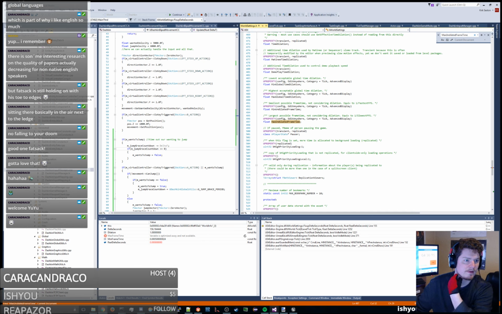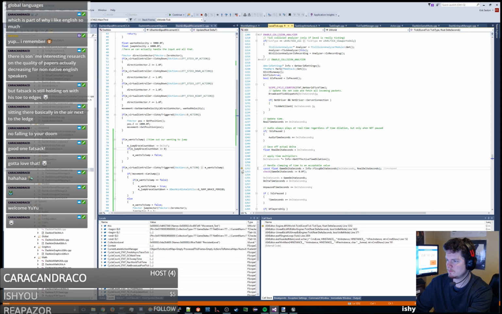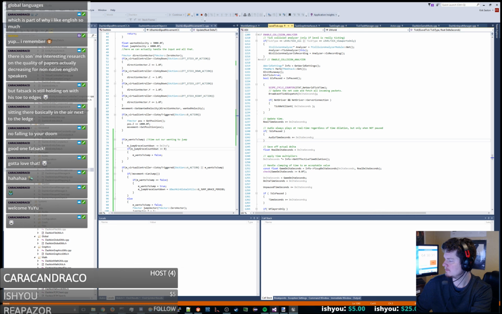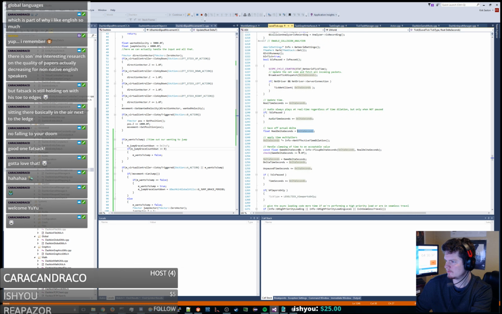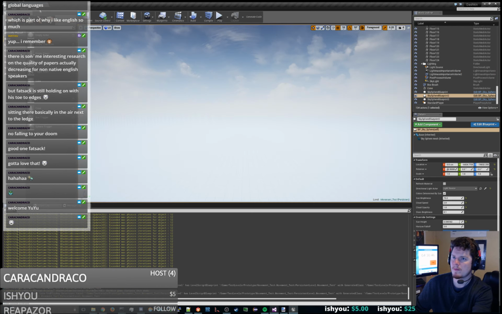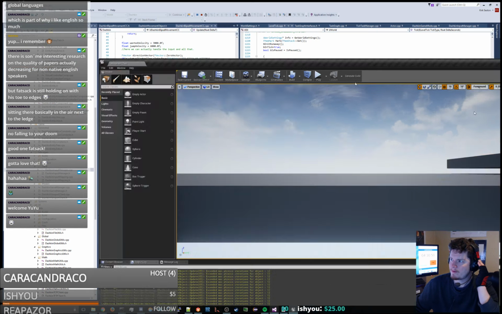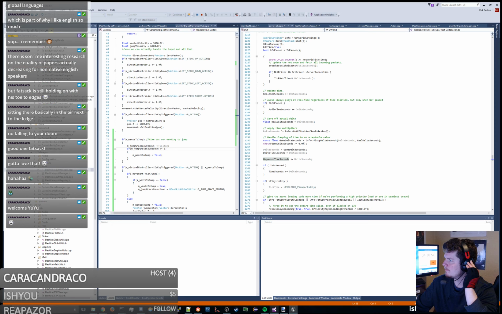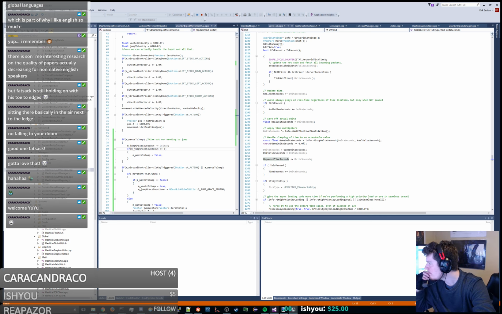Let's just Google how we set this thing. So you're supposed to set this inside of the editor itself, is what it's looking like. This is under settings, world settings.